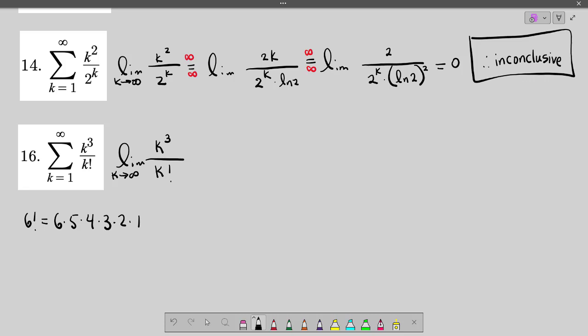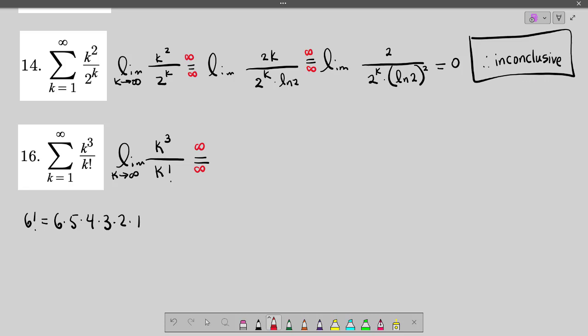There's only one function that we're going to see in this class that grows faster than the factorial. That's the power tower, which is k to the k. So here, we do have a L'Hopital situation, infinity over infinity, but we can't take the derivative of k factorial. So the only thing we can do is use growth rates in a case like this.